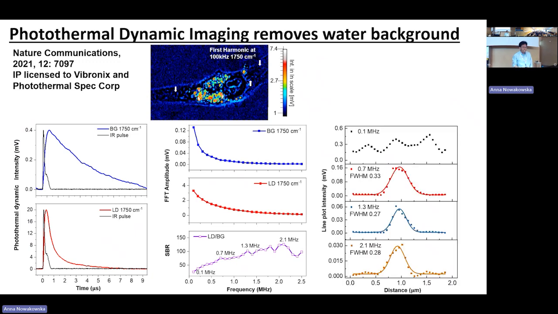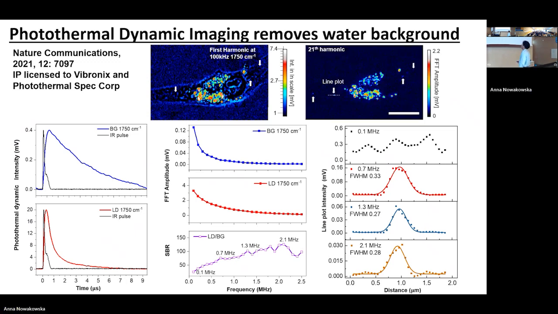And this much removes the water background, because the water background appears only at the 100 kilohertz. So this method not only removes the background in the medium, but also the background inside cells, because it follows similar thermodynamics. So this technique can be very sensitive to measure a very small feature in the water environment.